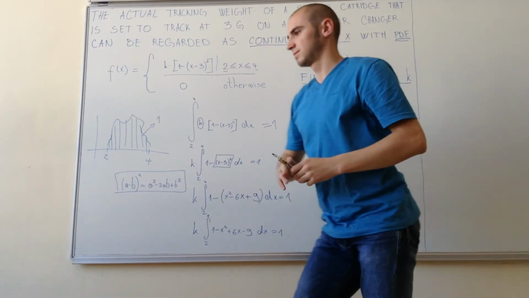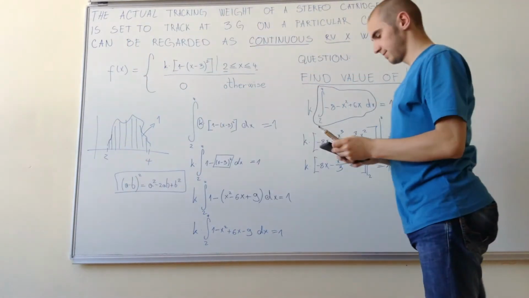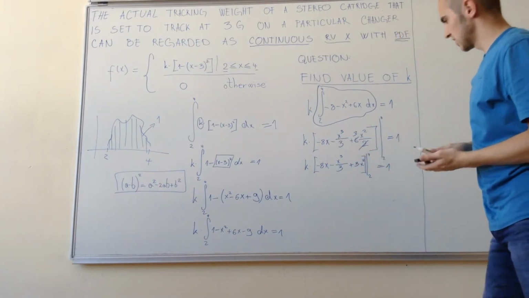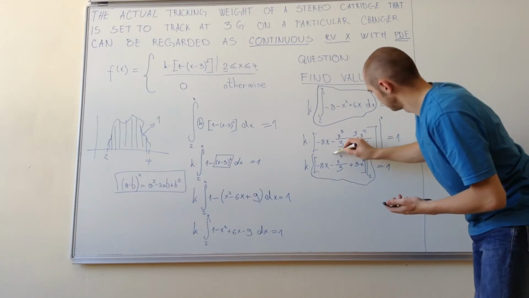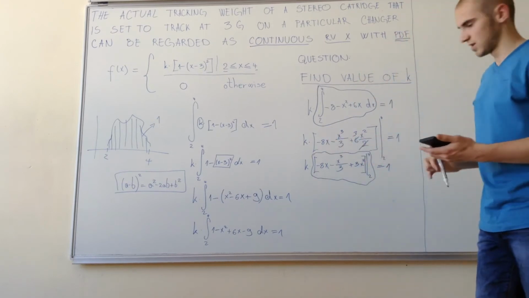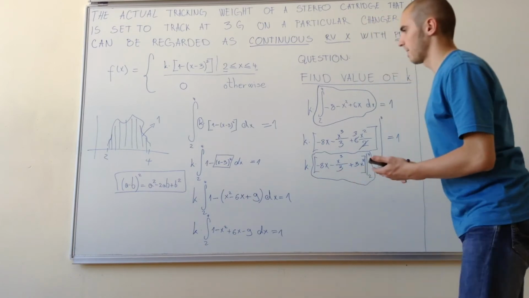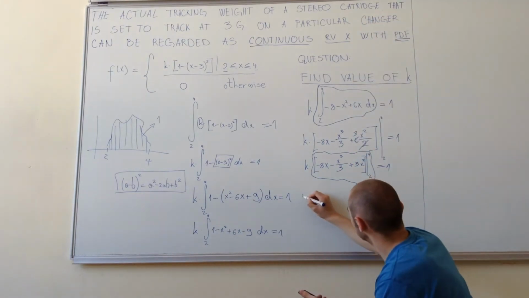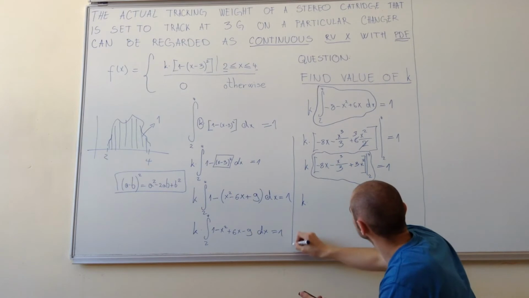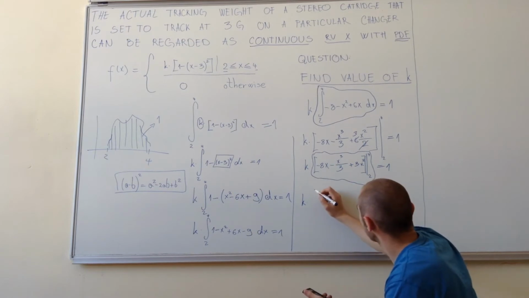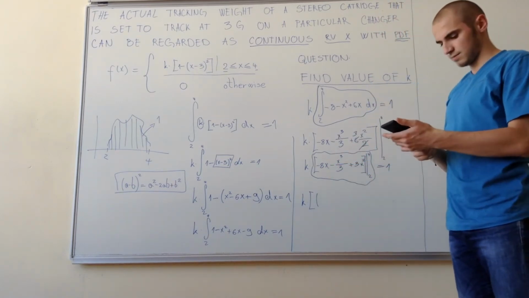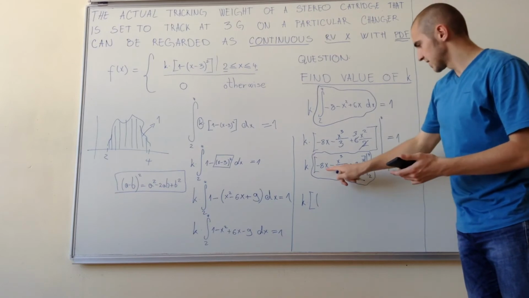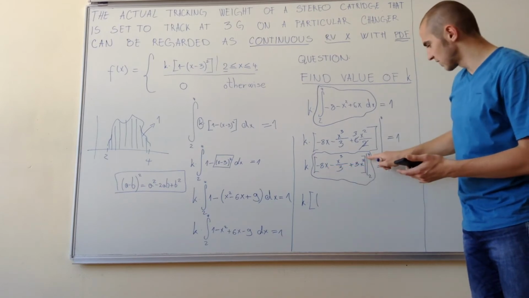And now we will take our calculator and we will just simply solve this part here within these limits. So the first part will be k times, of course, minus 8 times, instead of x, firstly we will write 4.